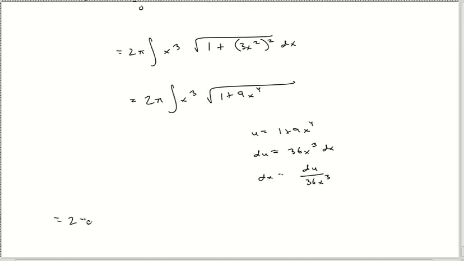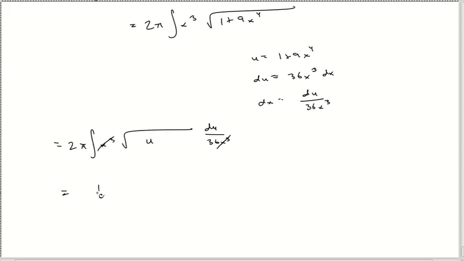And so now I got my 2 pi x cubed square root of 1 plus, actually, this is all my u, so I could just say u. And then this is going to be a du over 36x cubed. These guys cancel one another. And so I get 1 pi over 18. See how the 36 and the 2 are going to make that 18 there.